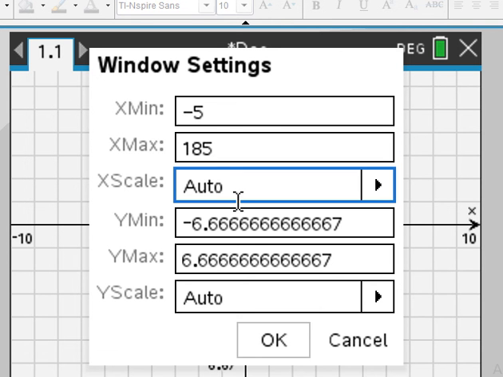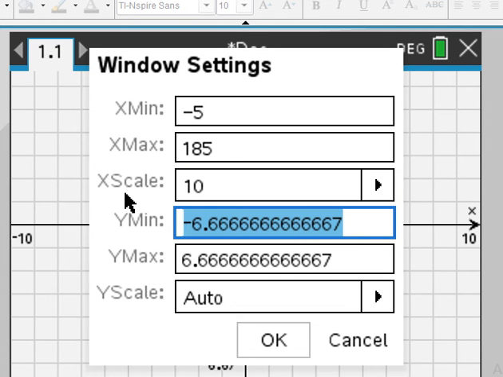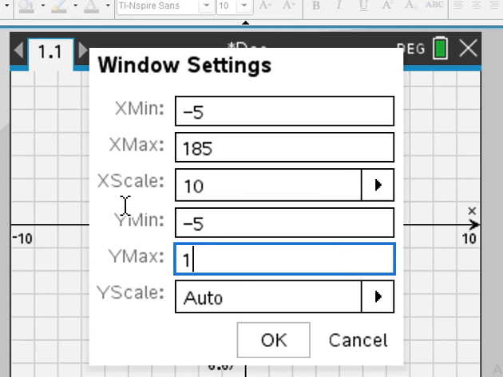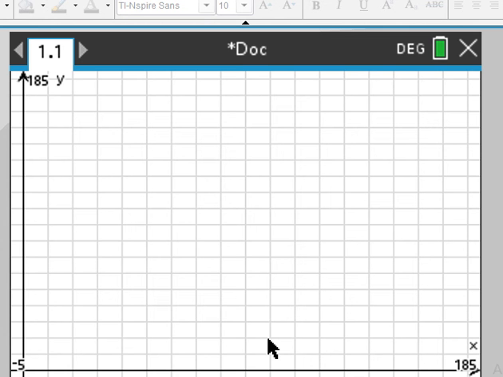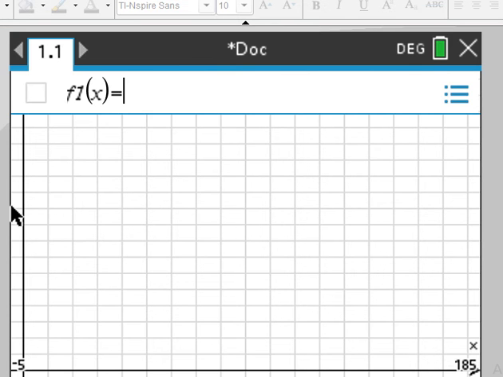And here I'm going to count by tens just to make a nice readable graph. So that's my window.